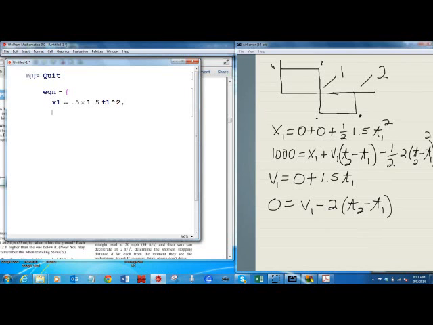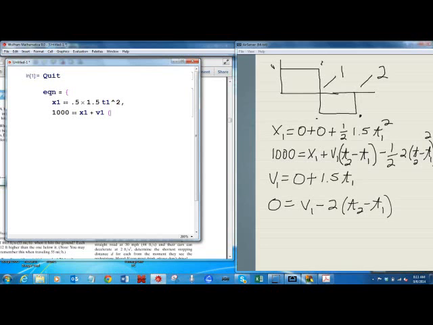1,000 equals x1 plus v1 parentheses. So you don't need the times, right? If it's obvious that it's going to be multiplied, you don't need to put them in. If you're in doubt, throw them in. Put in a capital E with a little star, whatever. But it'll take it this way.